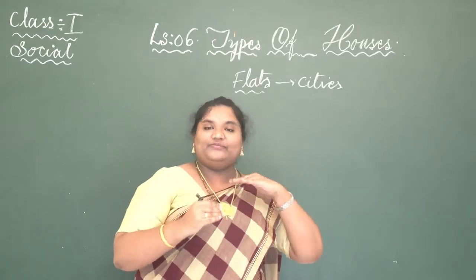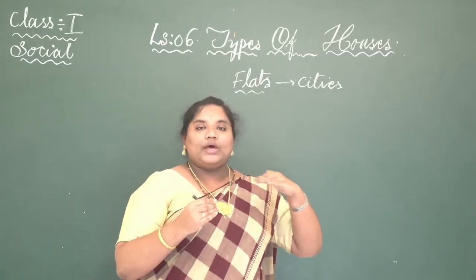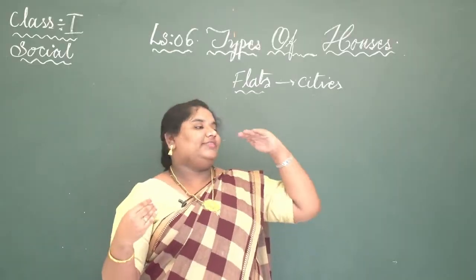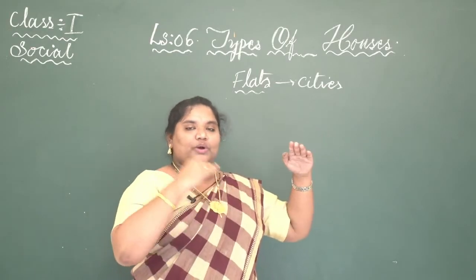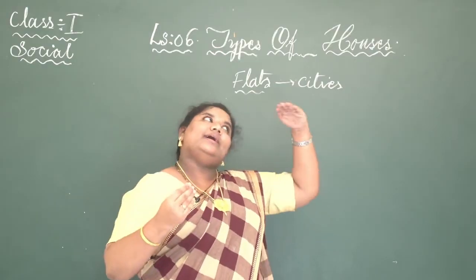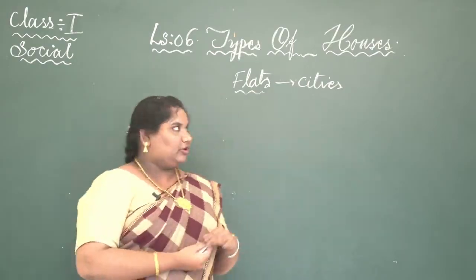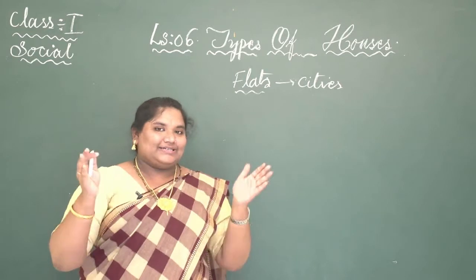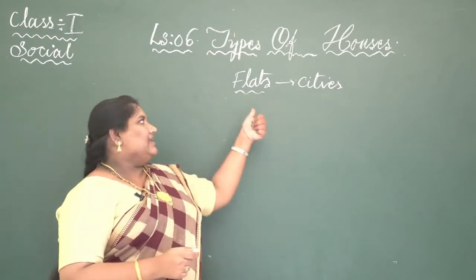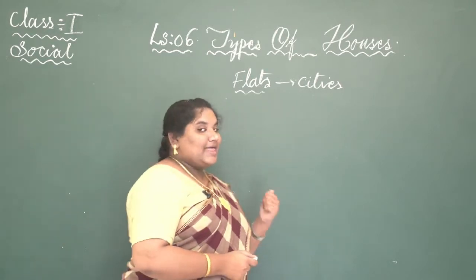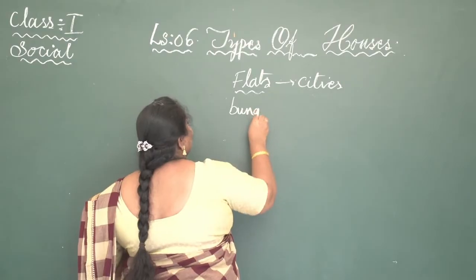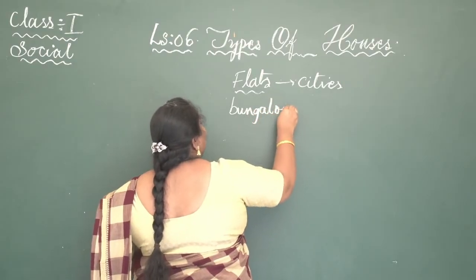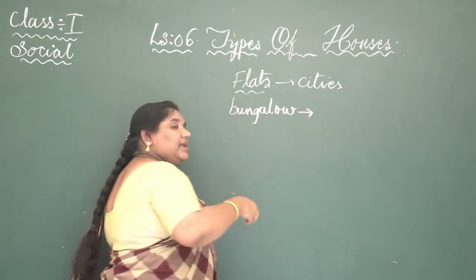For example, for the first floor 101, 102, 103, and then for the second floor 201, 202, 203, like that. So on, they give numbers for the different flats. So many people live in these flats. And then next is a bungalow. You see, this bungalow is also a big place.